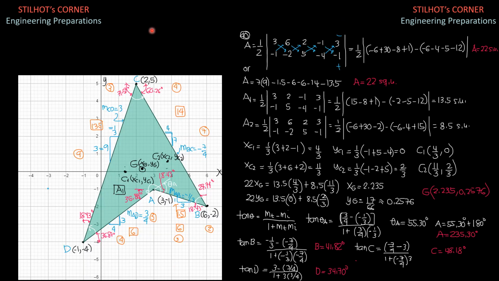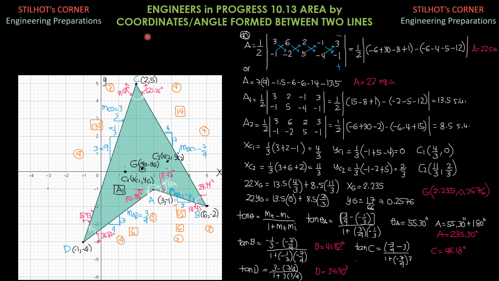Hello future engineers, here is another video in Engineers in Progress, particularly on the topic of area by coordinates and angle formed between two lines. I hope that this video will thereby improve your analytical skills, especially in computing areas bounded by regions, and the technique in computing angles without formulas, just based on the slope.